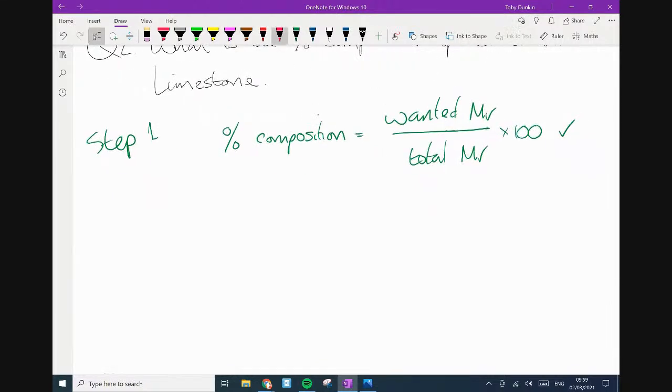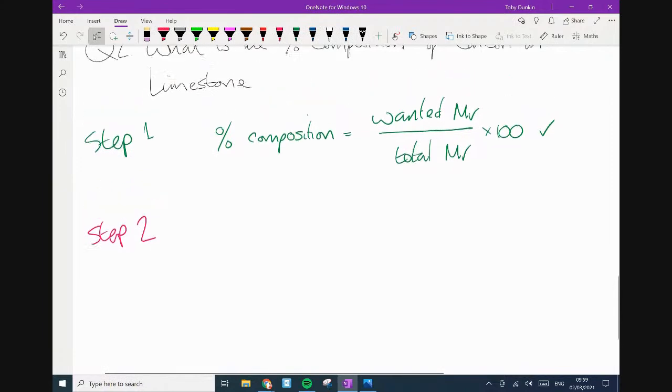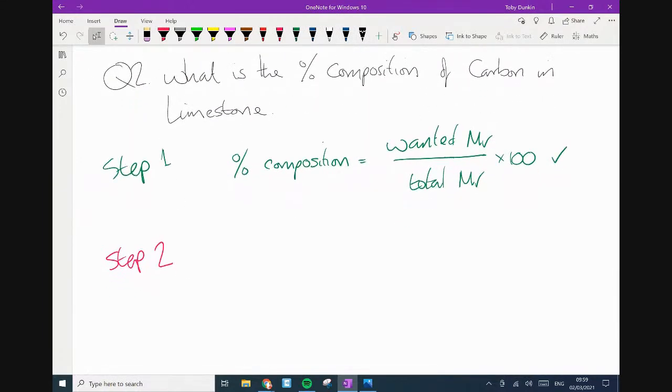Step number 2, do this in red. Step 2, input my numbers. Percentage of carbon in limestone. So, next, percentage composition. I'm going to stick to red. Percentage comp equals, so my wanted MR was carbon.